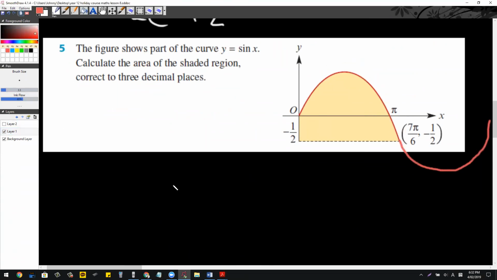So what do we have to do to figure out this area? It's an integral from, so we have to have something like this. But remember, this is positive area and this is negative area.